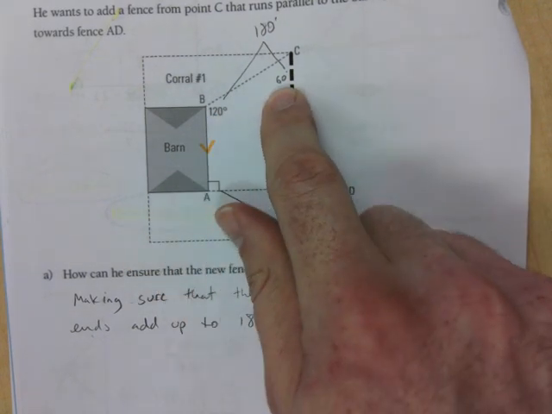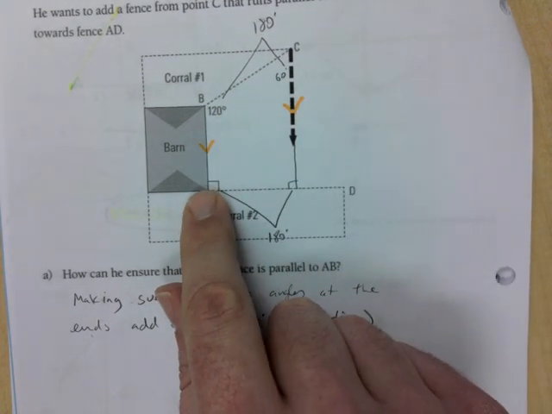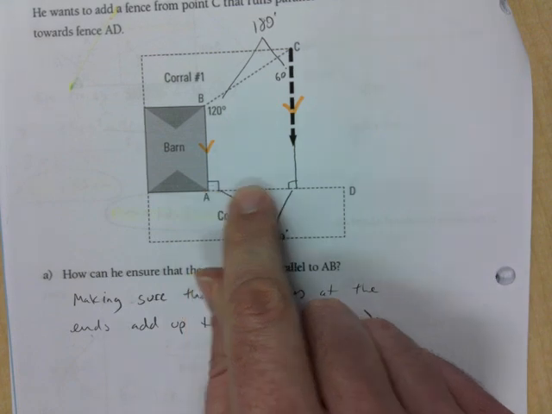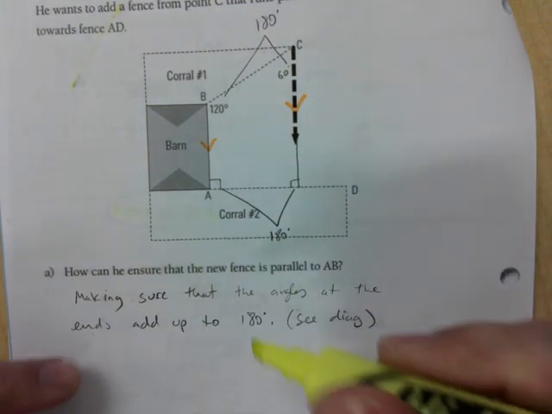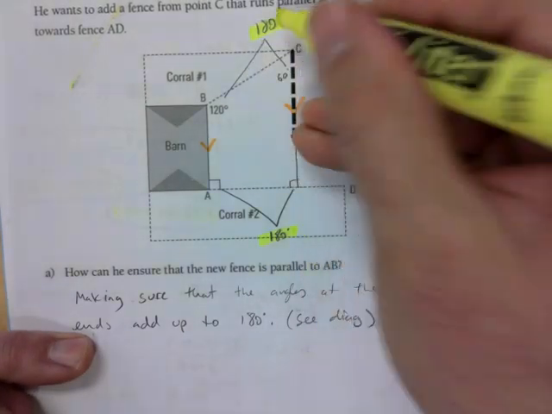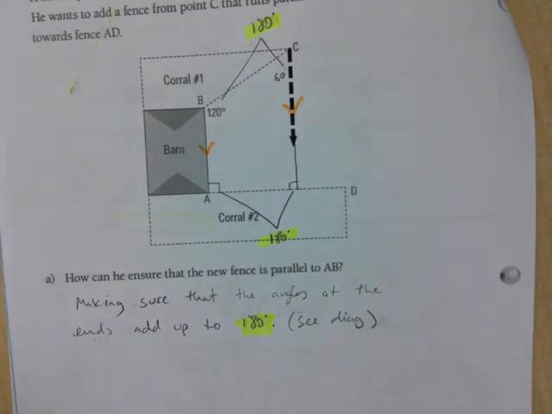So you make sure that there's a 60 here because these two then add up to 180, or this being a 90, you got to make sure you have another 90 there so that that adds up to 180. So that's basically what must happen, right? So make sure that the angles at the ends add up to 180.